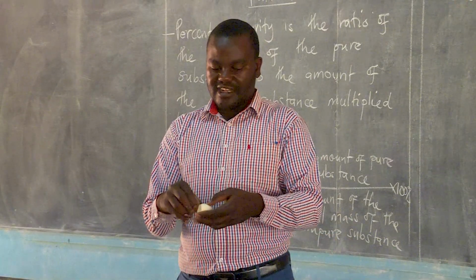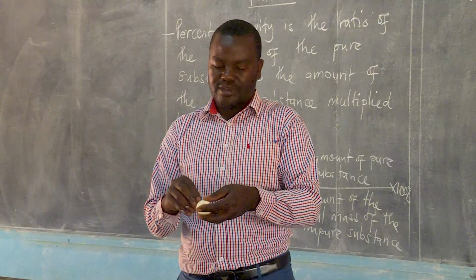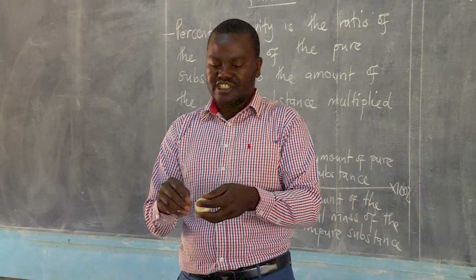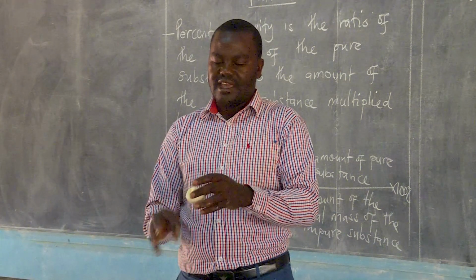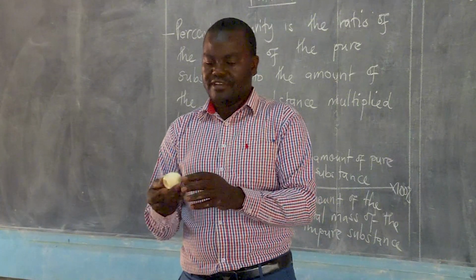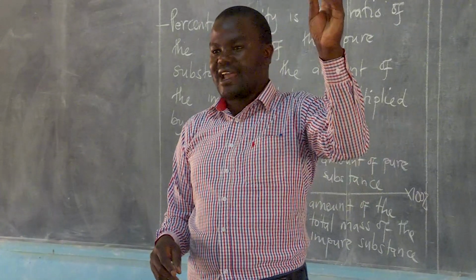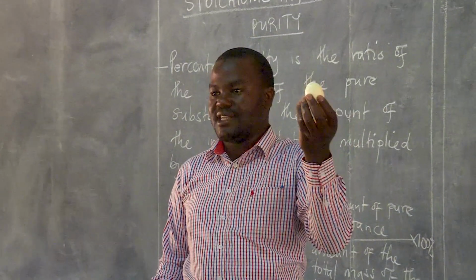I'm trying to ensure that I remove the things I have termed impurities, because I can't eat the eggshells. What I want is the actual stuff which is inside. I have finished removing the shells, so now what I have is a pure substance.